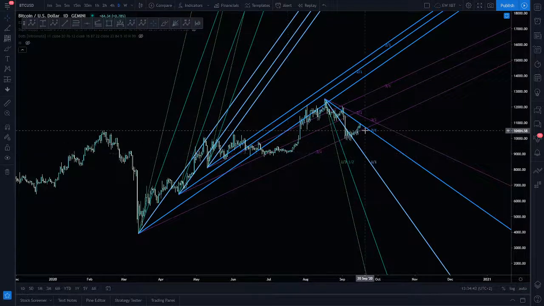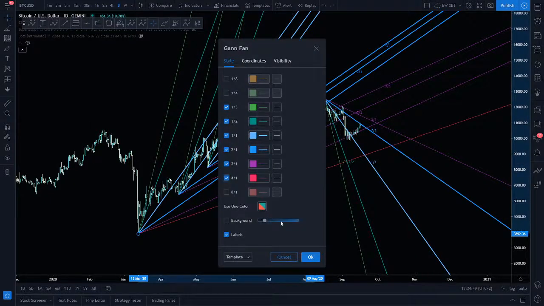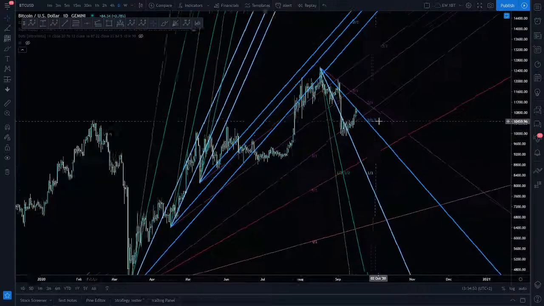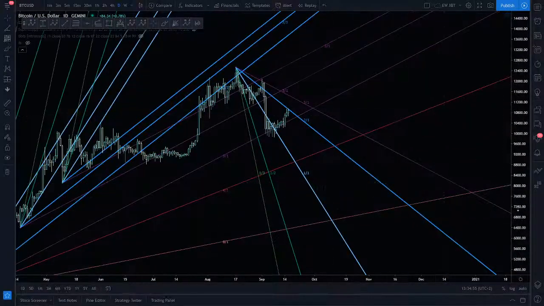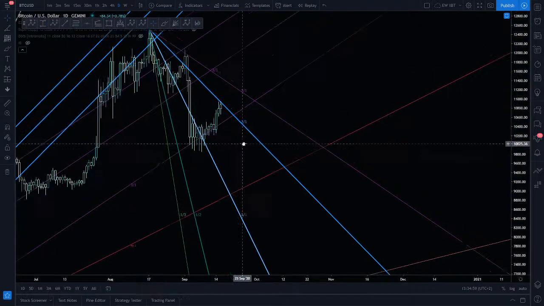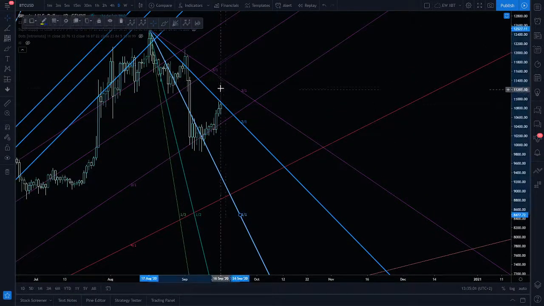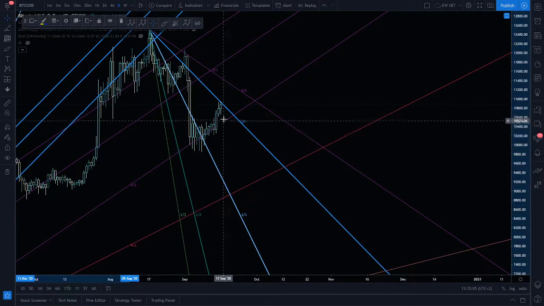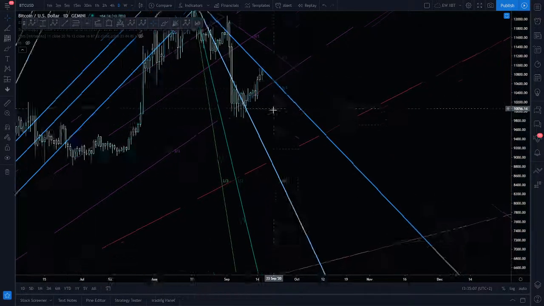And then you just put a bunch of lines on there. And then if you're reading this, let's say you've got these ones. So this is an apex point right here between these two. If the 2-1 line breaks, then we're probably going to go for the 3-1 again. And if we fail here, then it's going to be back to this one.